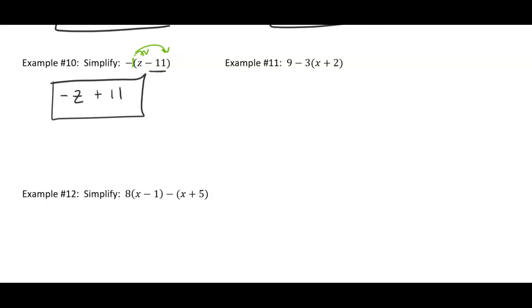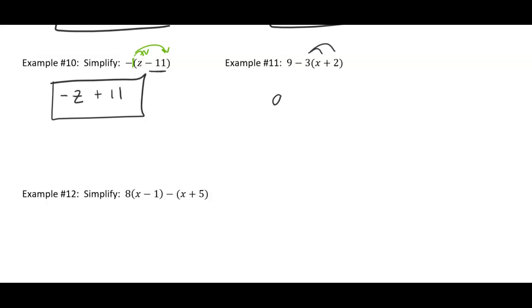Okay, the next problem sometimes causes confusion. You have to follow the order of operations. So if you're dying to go 9 minus 3, don't do it, because in the order of operations, multiplication comes before subtraction. So we have to actually do this distributing that we're talking about first. And we're not going to distribute 3, we're going to distribute a negative 3.